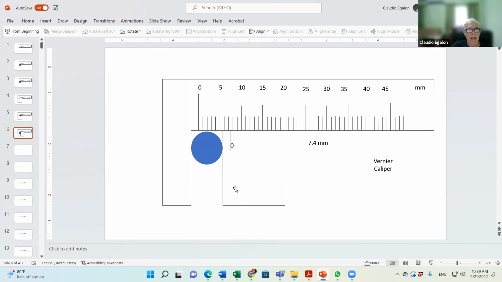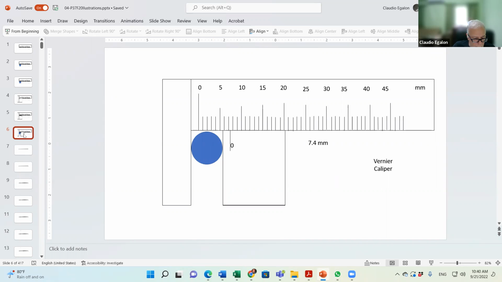In this specific case, the diameter of this sphere would be what? 1, 2, 3, 4, 5, 6, 7 millimeters plus something else. That's how we would measure the diameter of this sphere with the vernier caliper, which is, by the way, just a fancy type of ruler.